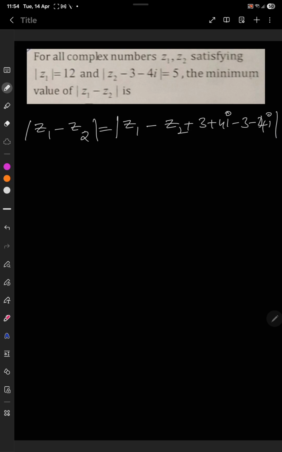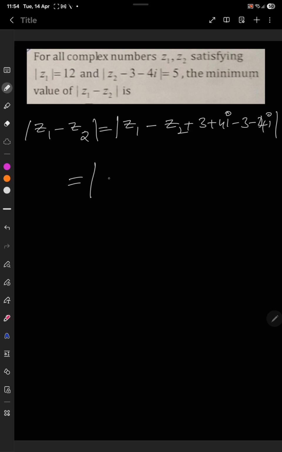So adding 3 plus 4i and subtracting 3 plus 4i.